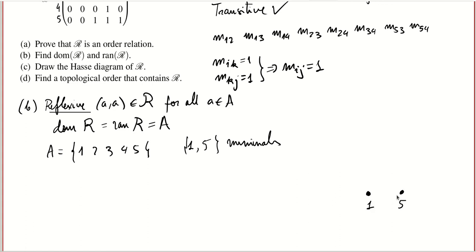These are the 2 elements that appear at the lowest position in the Hasse diagram. Now we remove them, the 1 and the 5. We're left with 2, 3, and 4. We also must remove the corresponding relations, so we are left just with M23, M24, and M34.